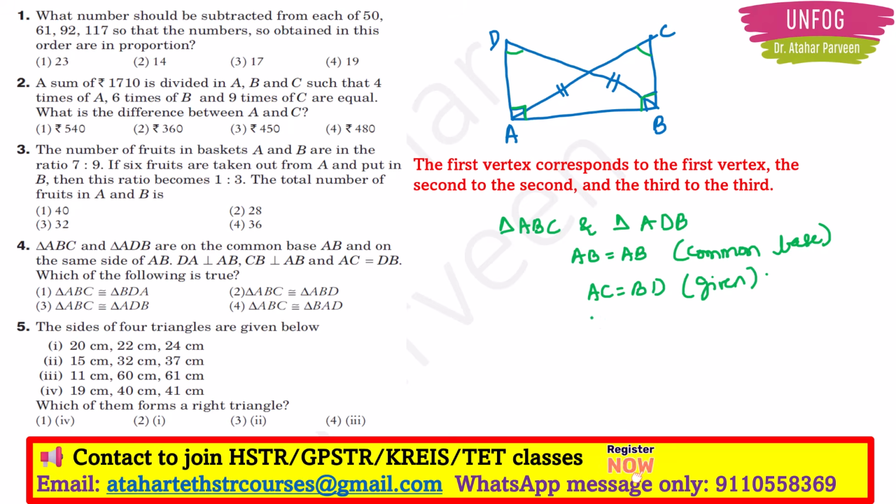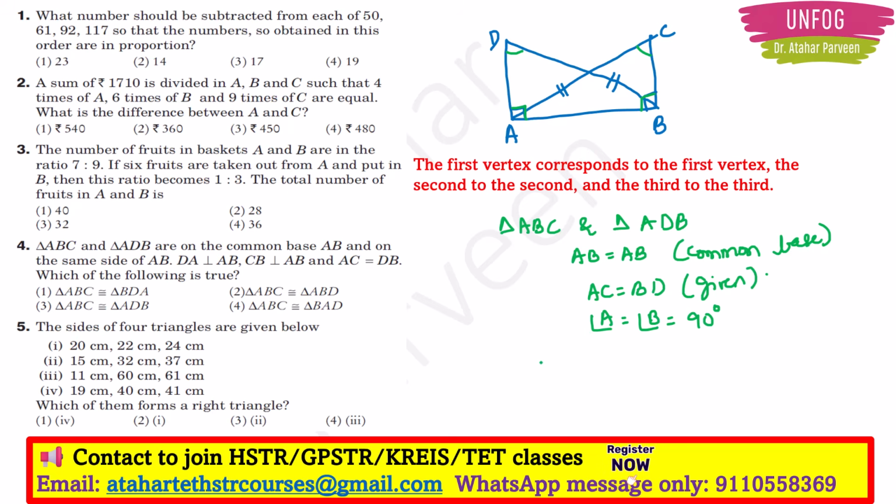And 90 degree angle A will be equal to angle B. So 90 degree they have given, it is perpendicular, right? So that's why triangle ABC will be congruent to the similar triangle BAD.